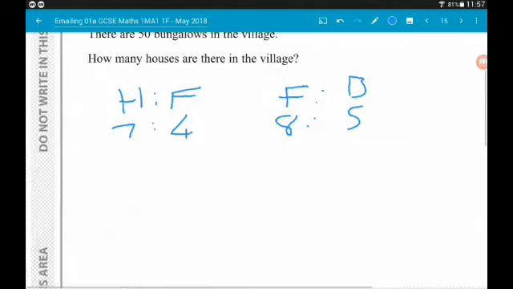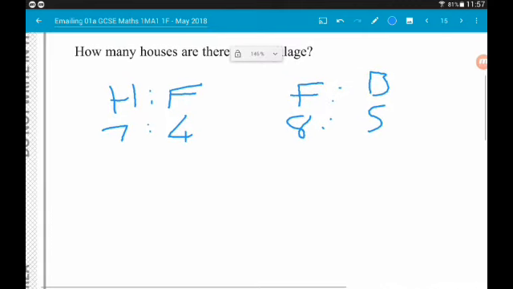Now we can do that quite easily here by multiplying the houses and flats ratio by 2. So if there are 7 houses for every 4 flats, we know there are 14 houses for every 8 flats. So now we know for every 8 flats there are 14 houses and 5 bungalows.